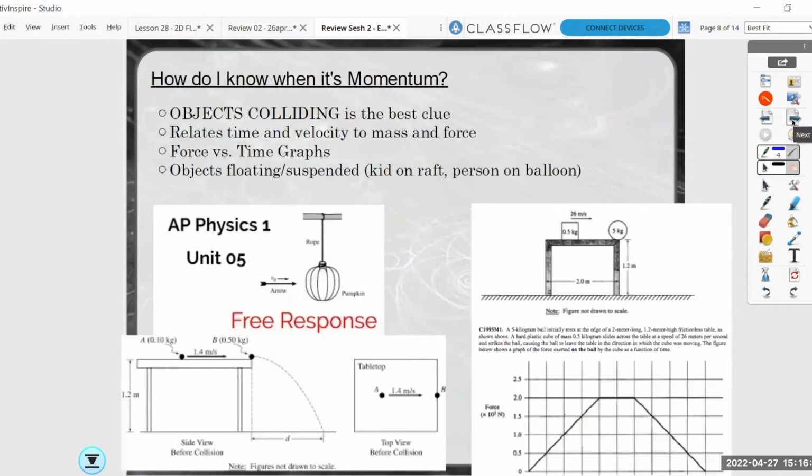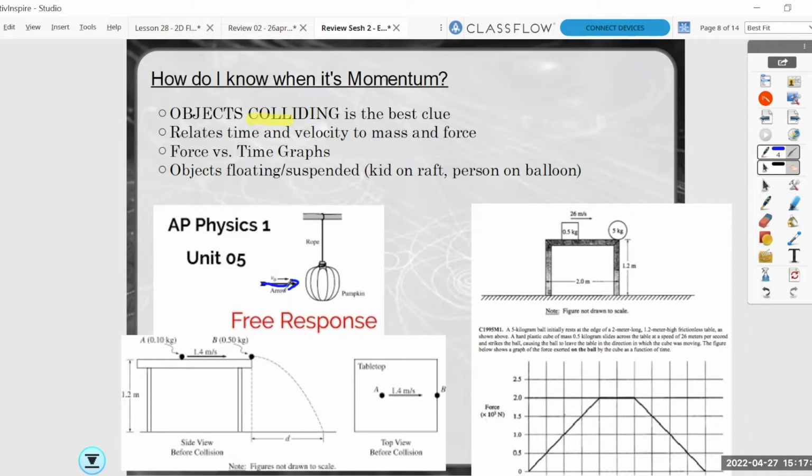How do I know when it's momentum? The single best clue is things collide. It doesn't get much simpler than that. If things bounce off of each other, if things run into each other, it is always momentum. So, you shoot an arrow into a pumpkin and it lodges in the pumpkin, or you smack two things together, or you slide one object into another and they roll off the table.